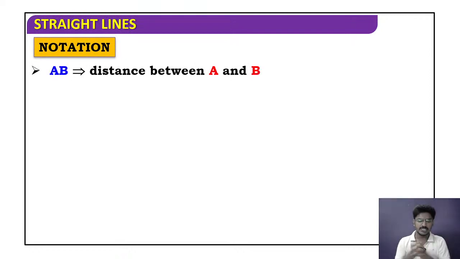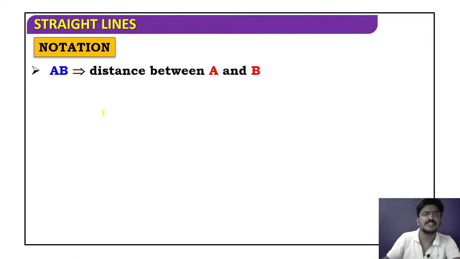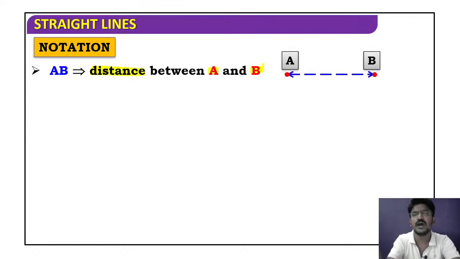Notations, my dear students: you can see the distance between A and B is denoted by like this. Okay, this is the distance between AB. So these are the basic notations that you can just go through, no problem.